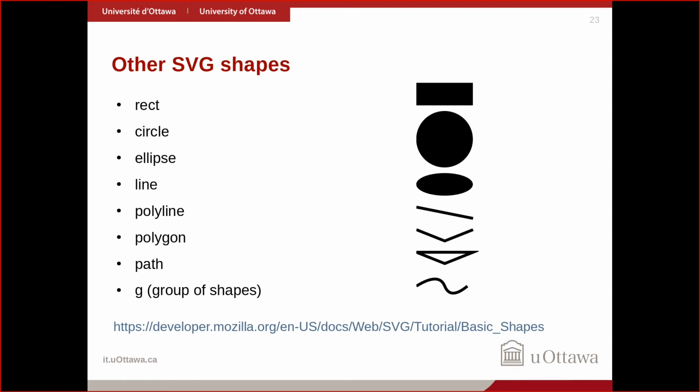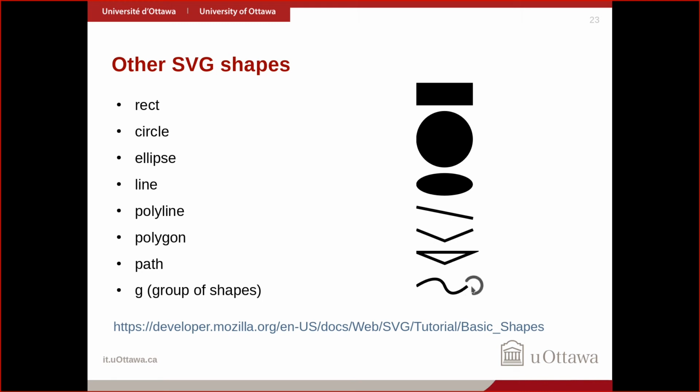Okay, so there are a lot of other shapes. You're not confined to circles; there's rectangles, ellipses, lines, polylines. A polyline is a line that goes to a point, then another point, and then another point, etc. And there's also polygon, which does the same thing, except that at the end, it automatically goes to the beginning, so it always makes a closed form. And if that's not enough, you can also use path.